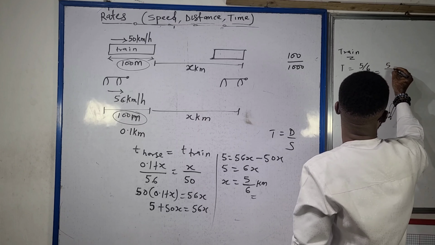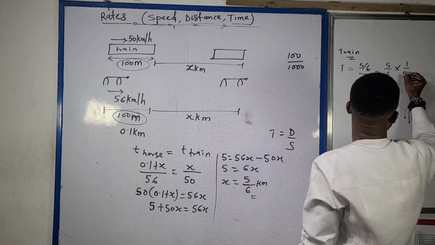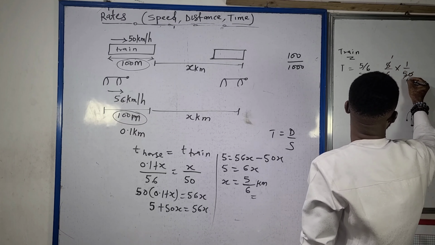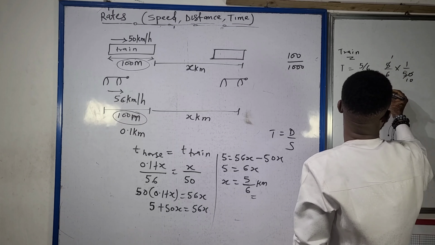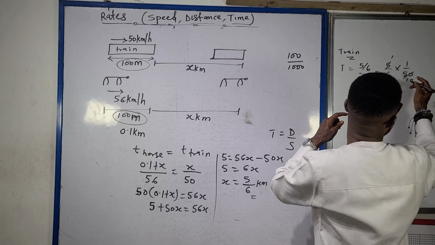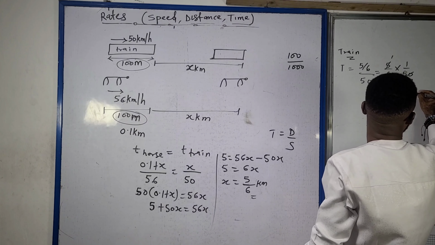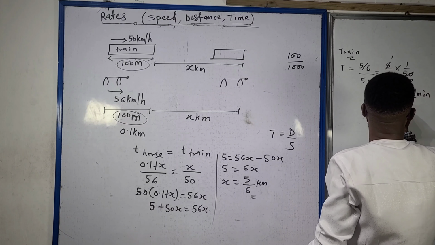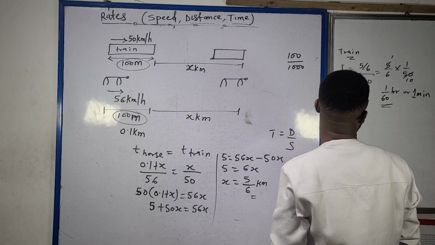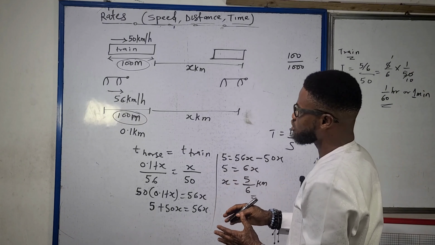So this will mean 5 over 6 times 1 over 50, which is 1 over 60 hours. If you multiply 1 over 60 hours by 60, that will give you 1 minute. So it will take 1 over 60 hours or 1 minute for the horse to catch up with the train.